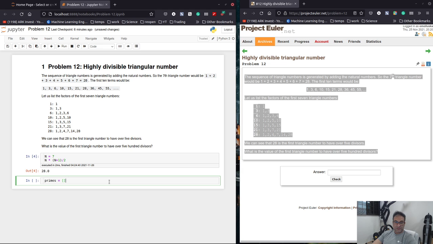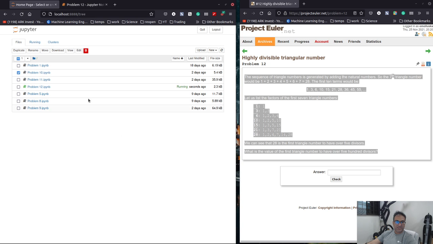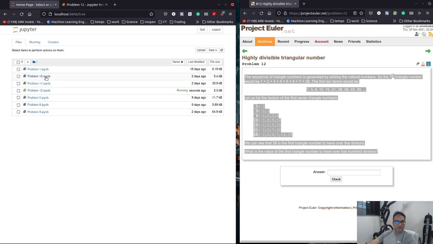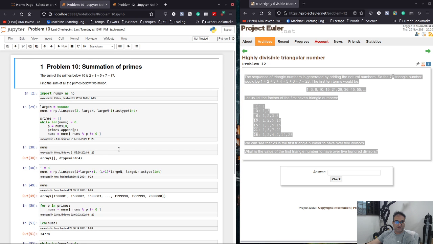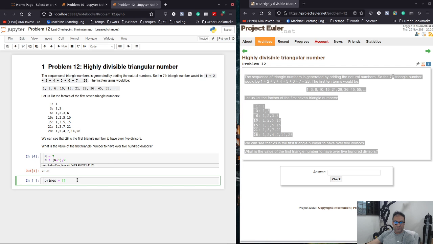Okay, so primes equals 0, and I believe in problem 10, if I remember correctly, we calculated the primes all the way up to some ridiculously large number. So let's do that.